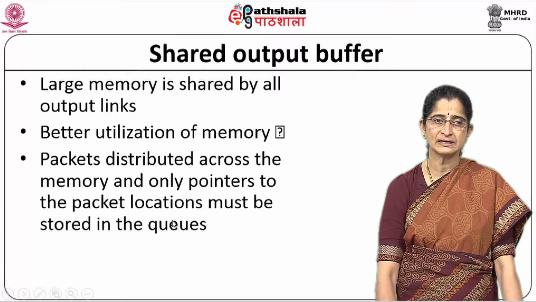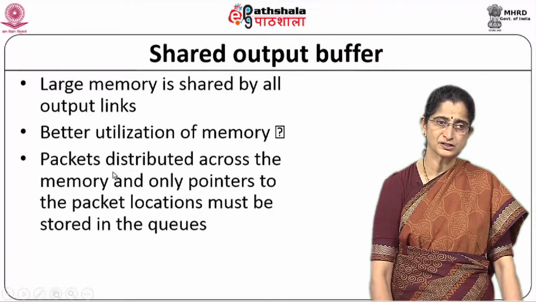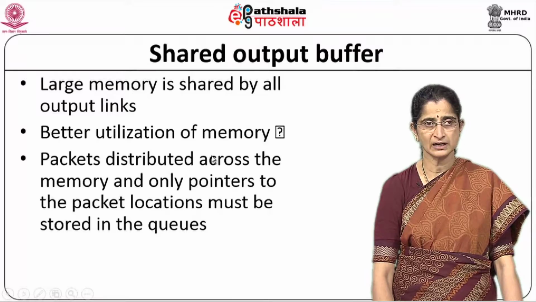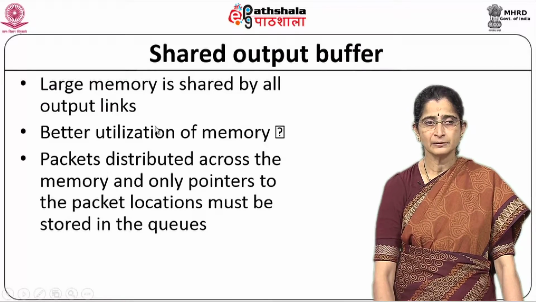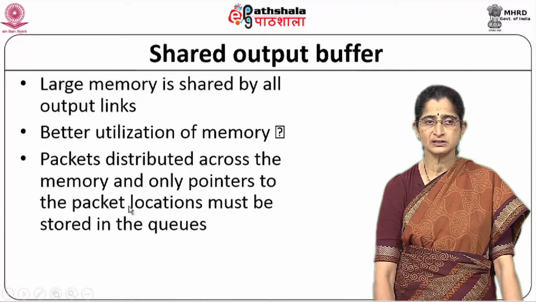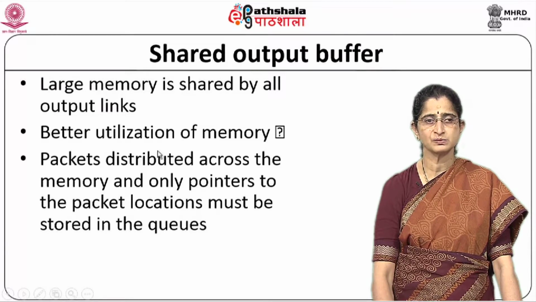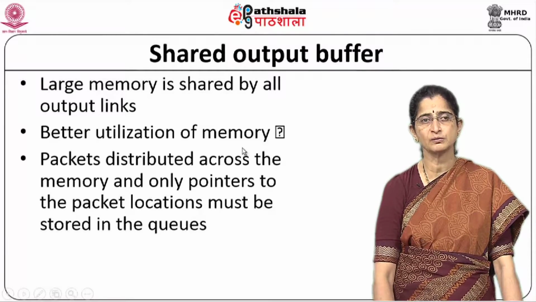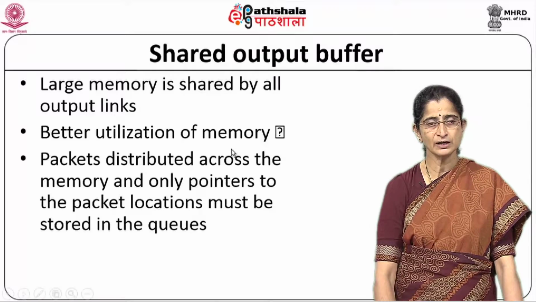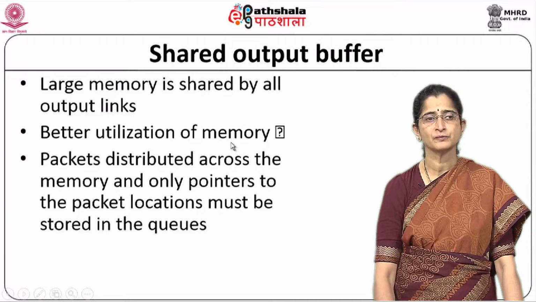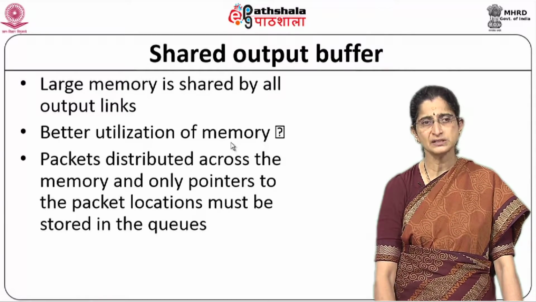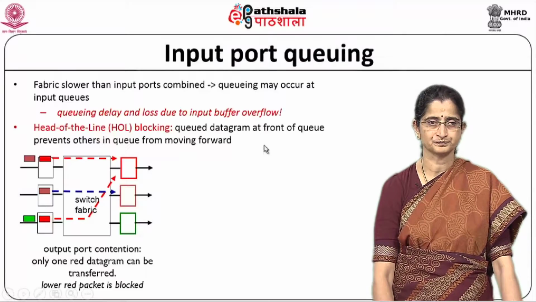The queue only maintains pointers to the locations where the packets are stored. So, packets are basically in memory, and of course, there are other issues here with respect to how effectively you will be able to access this memory. Memory access speeds could also become a bottleneck in this case, but this is another option that is also considered.